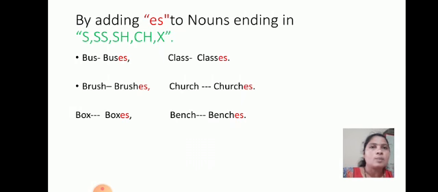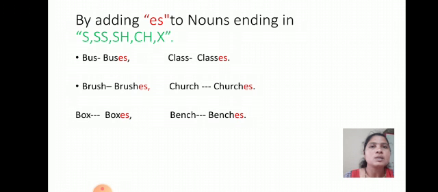In plural form, we have to add only es at the end of those words. Here are some examples. For example, bus. The word bus ends with the letter s. So in plural, we have to add only es at the end.